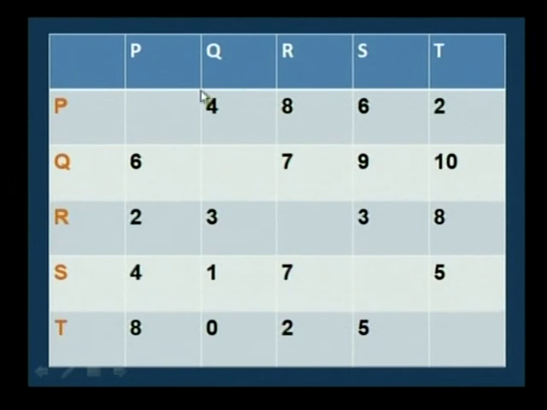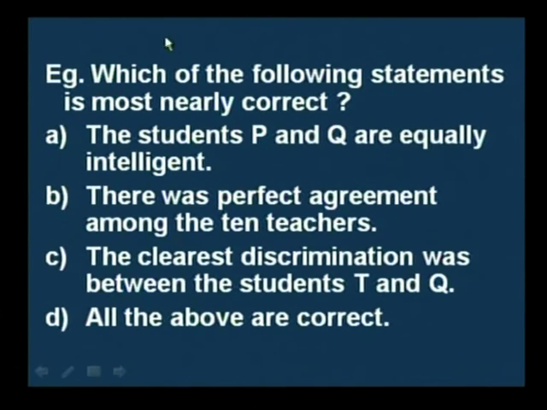This is how you will have to write the table, and from this table you will have to answer the series of questions that would follow. First question is, which of the following statements is almost nearly correct?